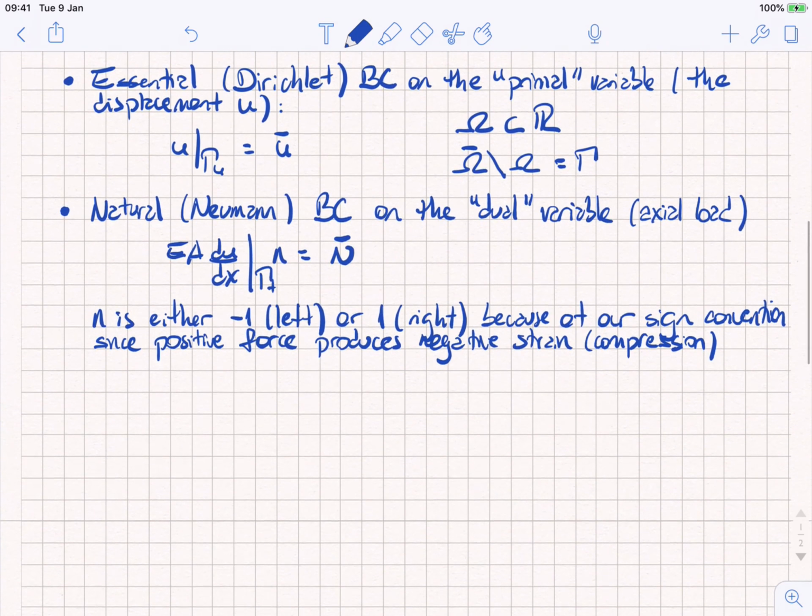Okay. So we have Dirichlet boundary conditions. We have Neumann boundary conditions. What other type of boundary conditions can we apply? We can apply a combination of those, right? So this is the last one. We have mixed, which is also called Robin boundary condition.